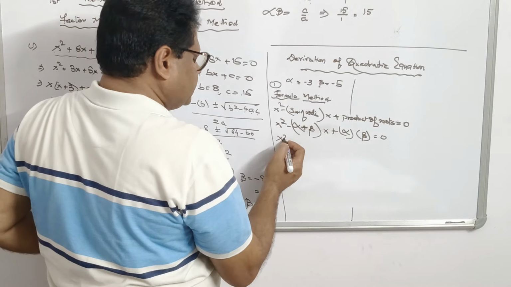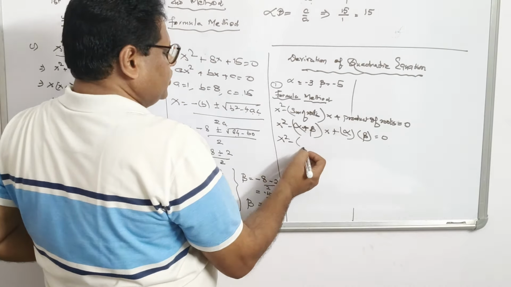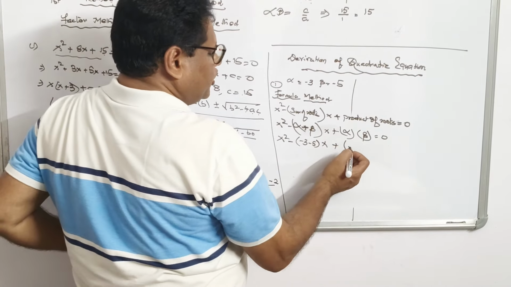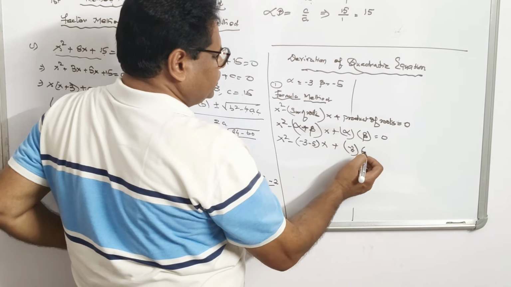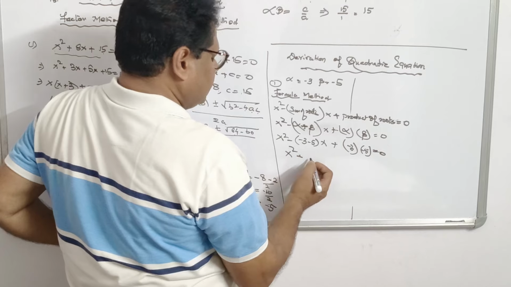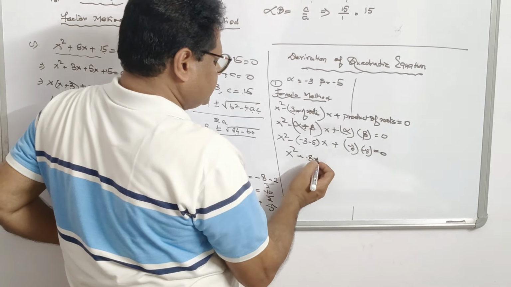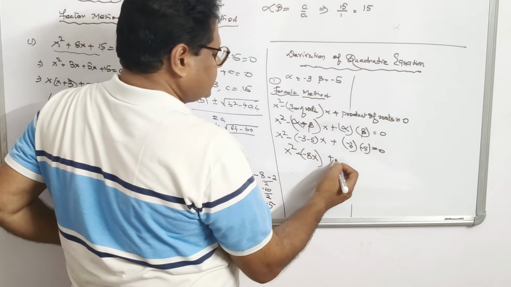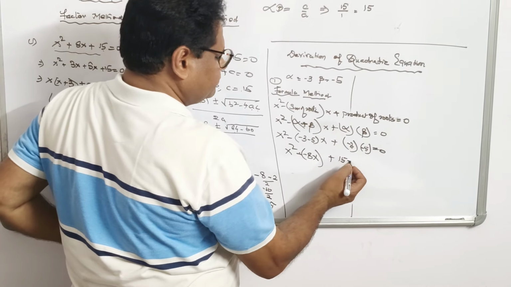Now let's put the values. x square minus, what is the sum of the roots? Minus 3 minus 5, plus the product, within bracket, minus 3 into minus 5. So we have x square minus, this is minus 8, x inside the bracket, plus this is plus 15.